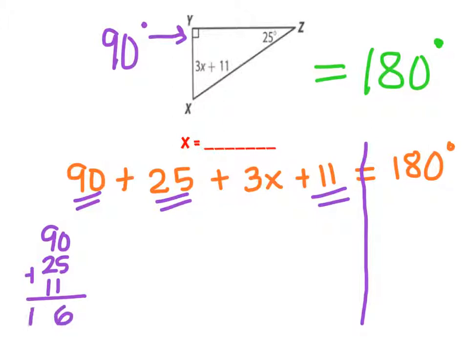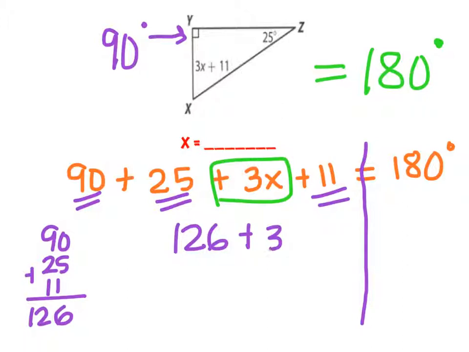Plus 1 more is 12. So those 3 numbers add up to be 126. I still have my 3x. So I'm going to put that in. And then still make it all equal 180 degrees.